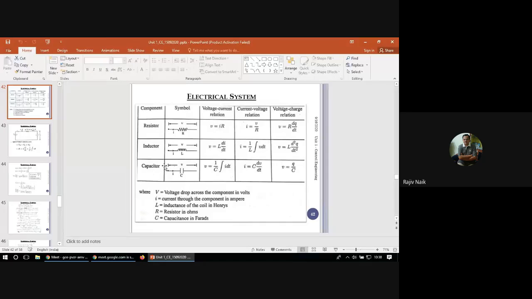Solving an electrical system is always much simpler than a mechanical system. Our electrical and electronics students have circuit theory as a subject, where they use it to solve very complex electrical systems.